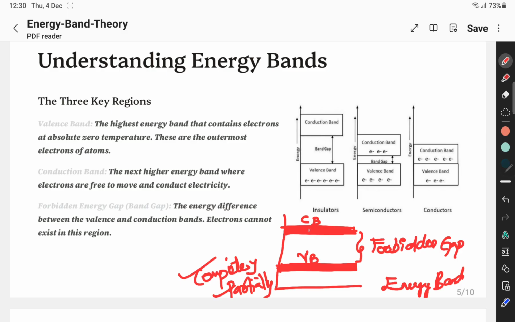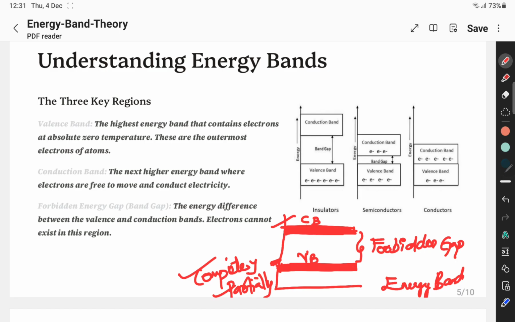Now coming to the conduction band, the energy band formed from the outermost energy levels of the atom in which there are no electrons present. That is called the conduction band. They possess higher energies for free electrons. The valence electrons are loosely attached to the nucleus. Even at room temperature, some of the valence electrons move from the valence band to the conduction band.